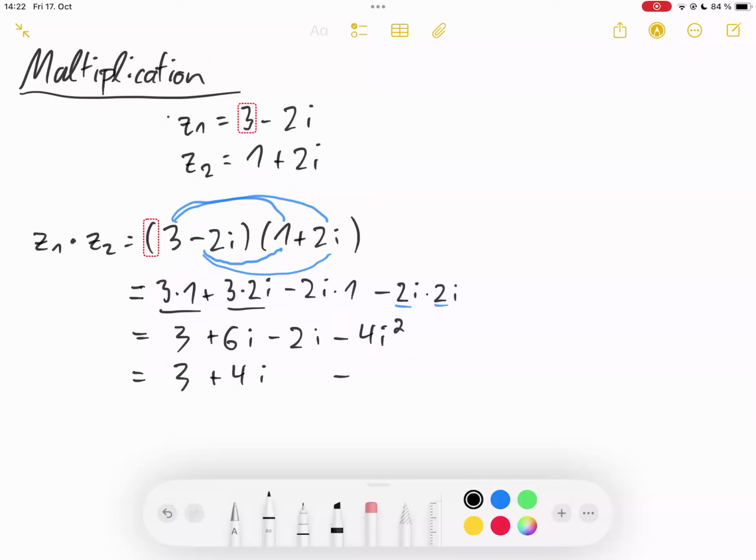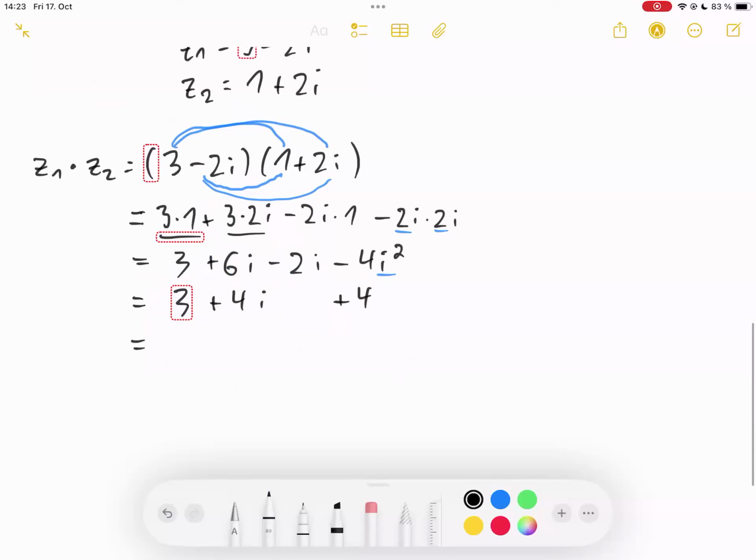And minus 4i squared is, remember, i squared is minus 1, so minus times minus, it's actually plus 4. And then we have 7 plus 4i. This is something that most of you wrote, so it's one complex number, and most of the answers in the chat were correct.